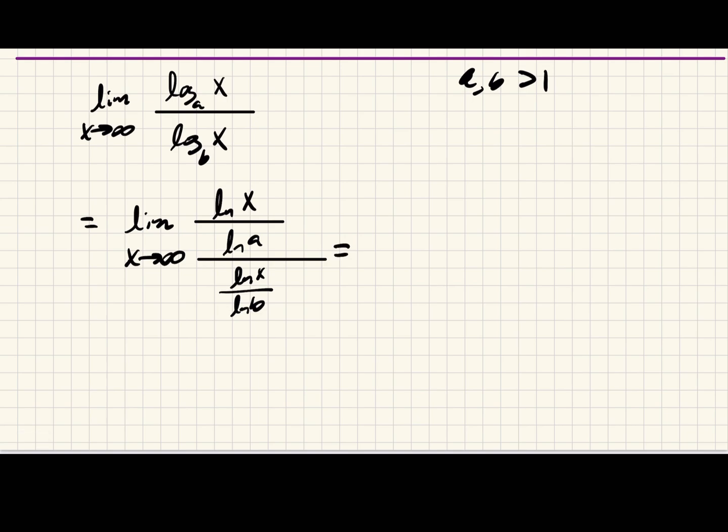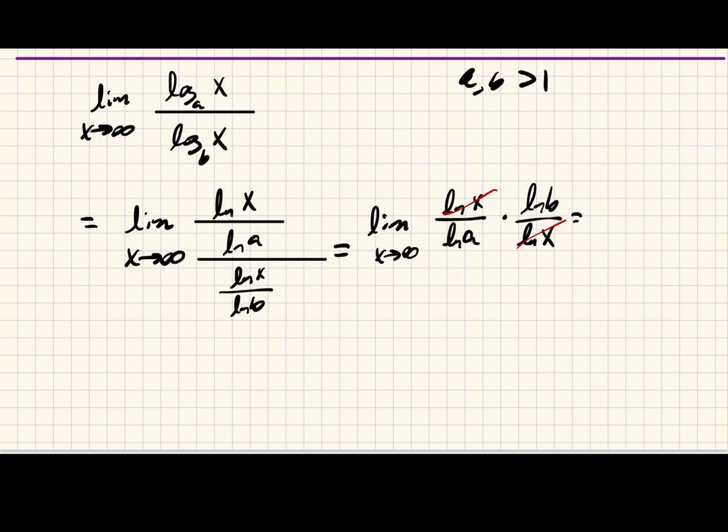Okay, so now let's see. That'd be the limit as x goes to infinity. I would invert and multiply again: natural log of x over natural log of a times natural log of b over the natural log of x, but those cancel. And we wind up with, well, the x's are gone. So it's really the limit of a constant, isn't it? What's the limit of a constant?